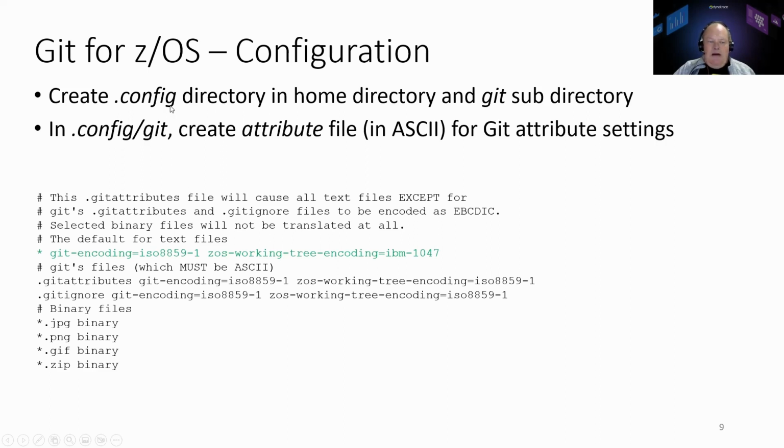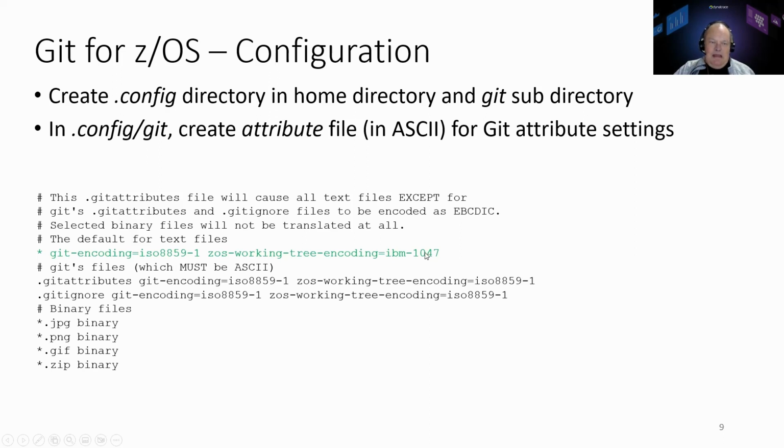The Git config file has this green highlighted as the important thing. This changes everything from ISO 8859-1 to IBM 1047 EBCDIC when it brings it up to the mainframe. So everything is stored out in Bitbucket in ISO 8859, but every time you do a git pull, every time you do a git clone on zOS, it's going to put it in EBCDIC format.